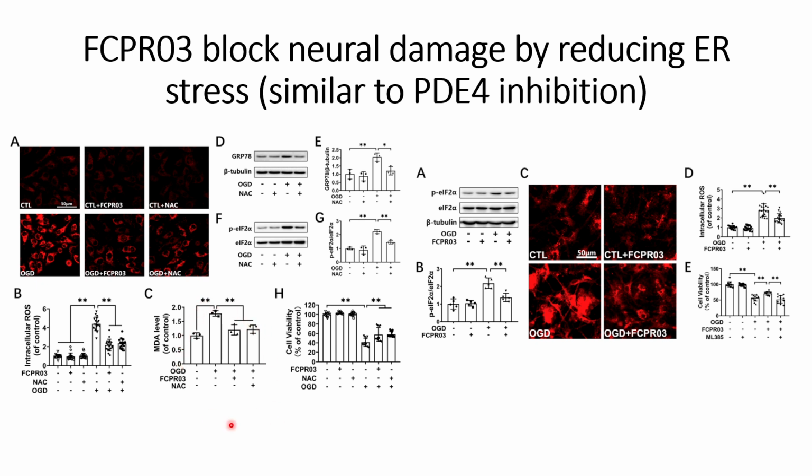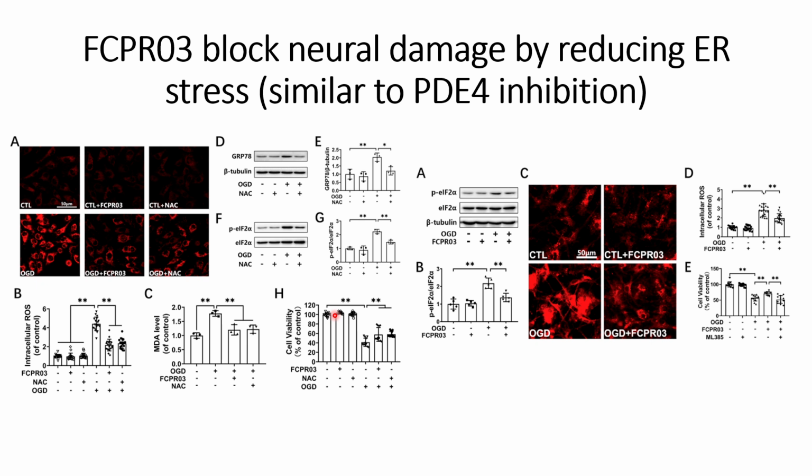Later on they also checked the MDA level, or we can say the oxidative stress level through this MDA, and they can see that there is a decrease, and it is similar in both the case where cells are pre-treated with FCPR03 or cells that have this NAC.